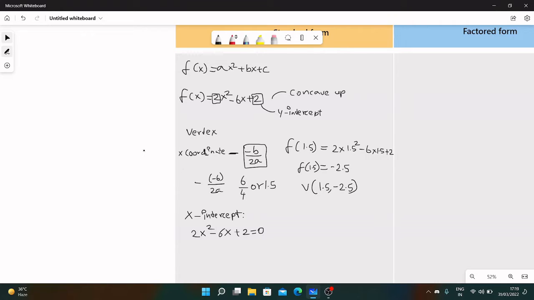That's basically solving quadratic equations, and we looked at how to do this in one of the videos. If you solve this, you'll get two possible x values, and those are 2.62 and 0.38, and those are going to be our x-intercepts.